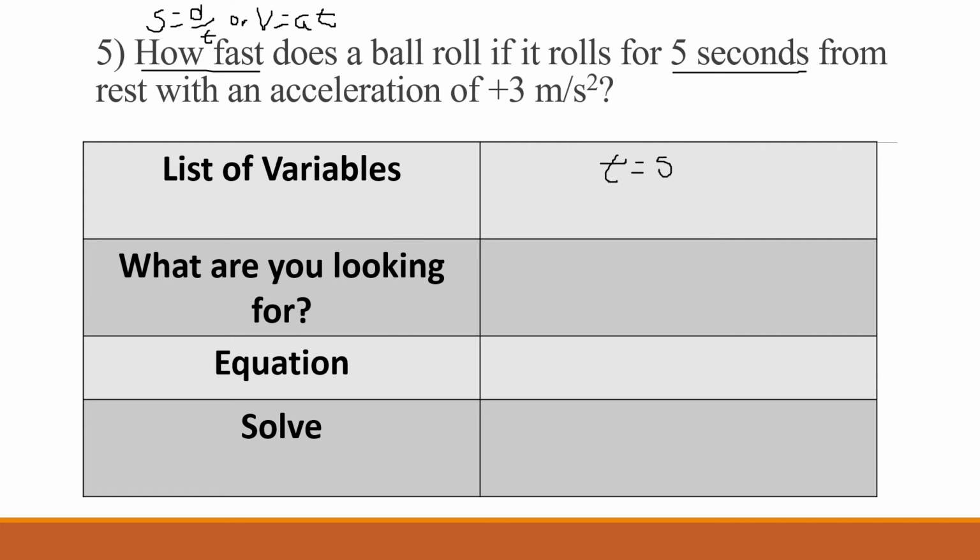I hope we know that seconds are time. With an acceleration of plus 3 meters per second squared. When I see that unit, my eyes need to be bursting out of my head. I need to be like, yes, meters per second squared. That is an acceleration. The acceleration is plus 3 meters per second squared.